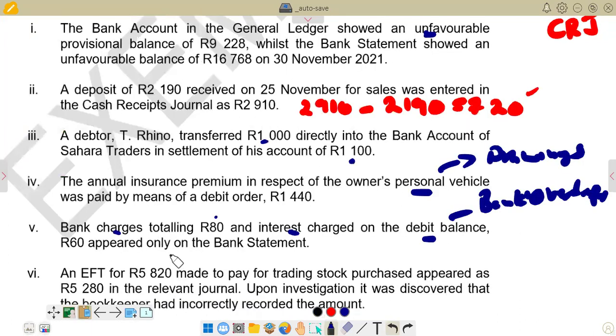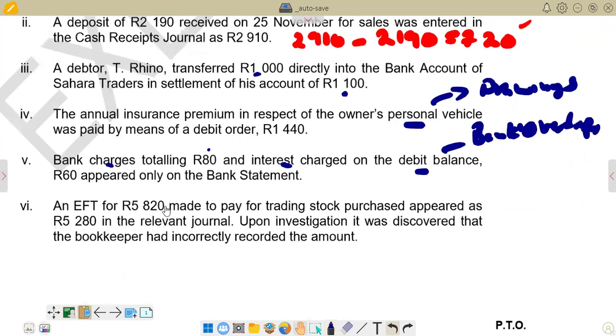So we are here on the next transaction, item 6. Let's try to see the details of item 6. Item 6 is an EFT of 5,820 made to pay for trading stock, which appeared as 5,280 in the Cash Payments Journal. Upon investigation, it was discovered that the amount was incorrectly captured. So there was an EFT for 5,820, which was a payment for trading stock, but it was entered as 5,280.